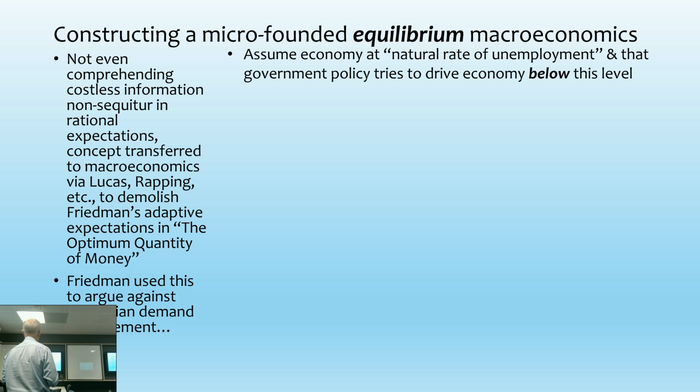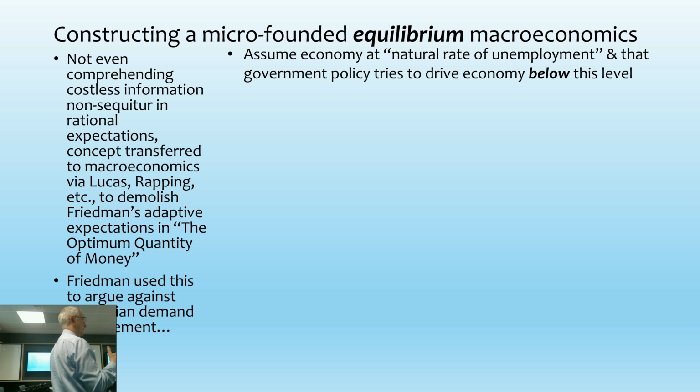So Friedman used the idea of what's called adaptive expectations, not rational, not predicting the future, but expectations which adapt over time to past history. And he used that as a way of trying to demolish Keynes. He began with a paper called The Optimal Quantity of Money, assuming the economy is already at what he called the natural rate of unemployment.